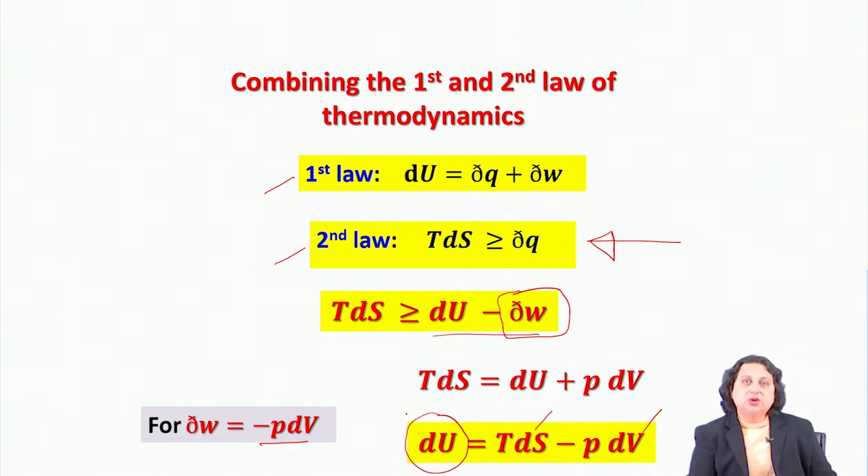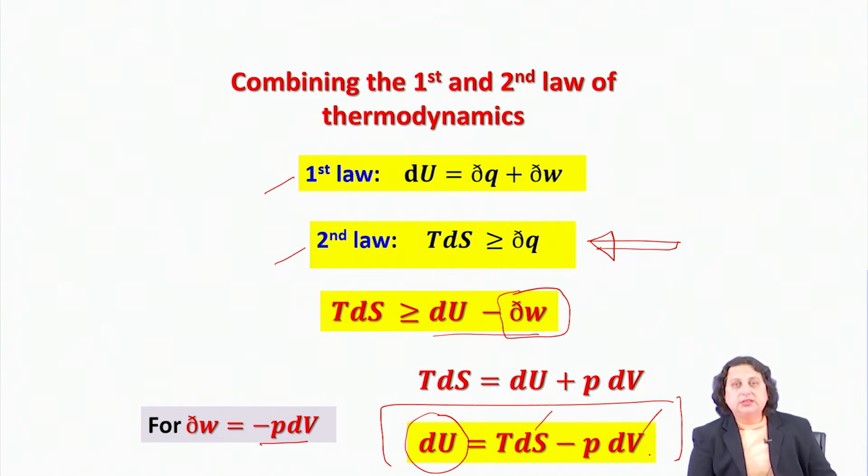Now, as you see, this combination depends very crucially on identifying this mathematical statement of the second law of thermodynamics. And when I combine these two laws, I find an expression which is known as the thermodynamic identity, which is very important in thermodynamics for practical applications in real systems.